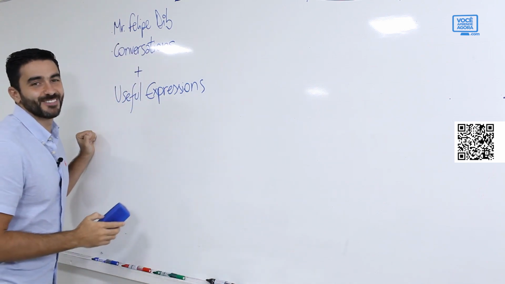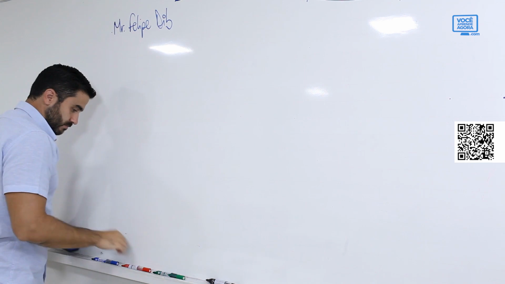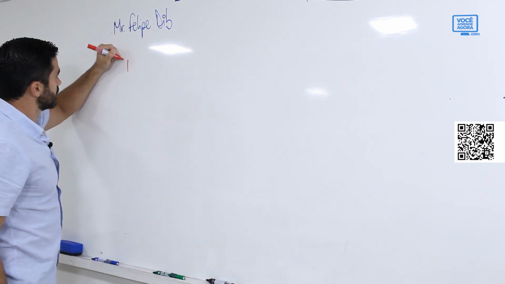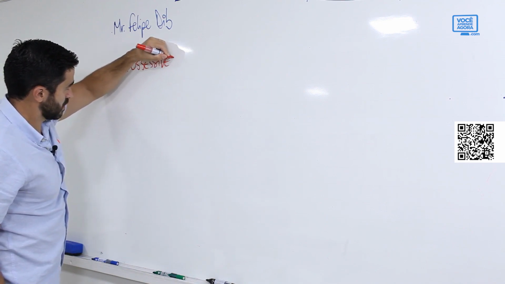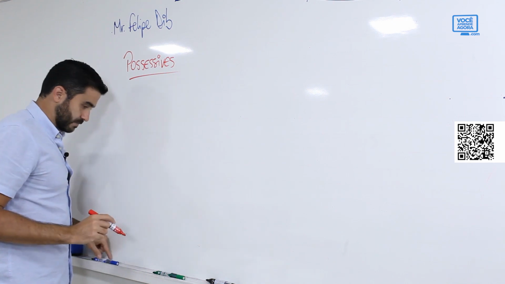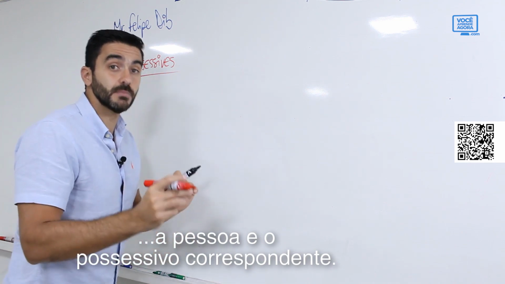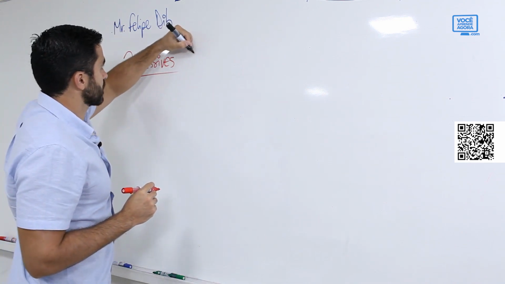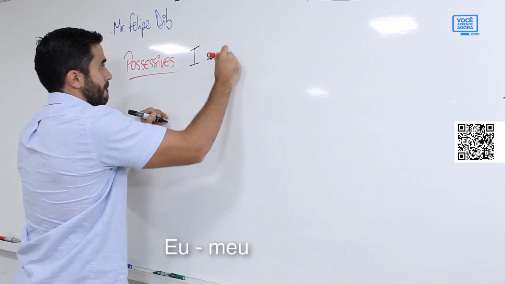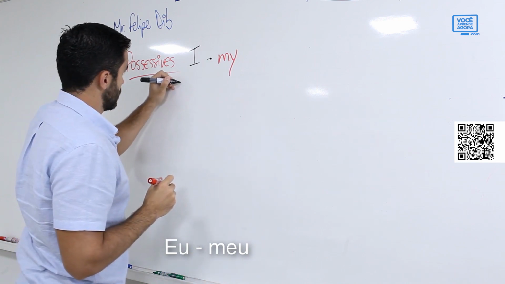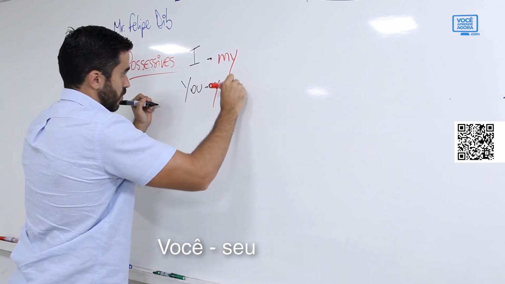And I'm going to erase what I just wrote. Oh my goodness. Possessives. I'm going to write the person and the corresponding possessive. I, my. You, your.